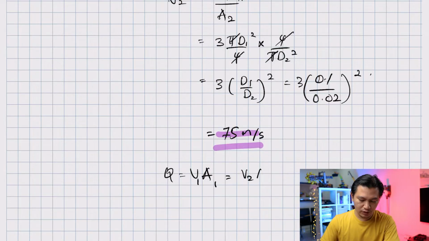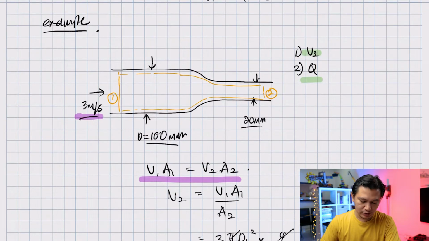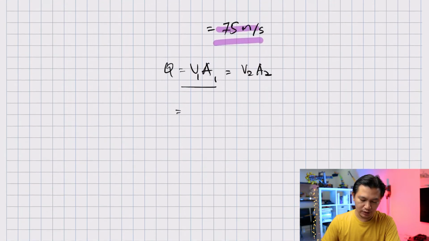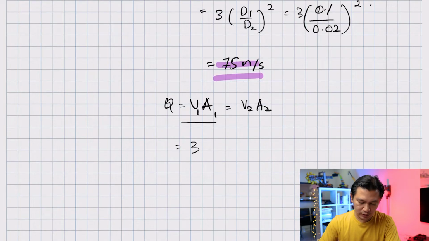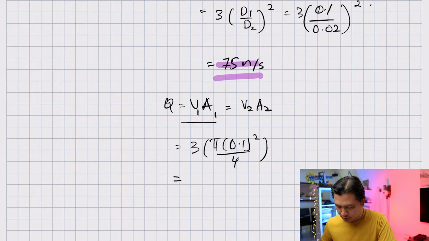This is V2 A2. Now let's find it using point 1. So velocity at 1 is 3 meters per second and diameter is 100 millimeter. So this is 3 meters per second, pi times 0.1 meter squared over 4, and your Q will be pi times 0.1 squared divided by 4 times 3.